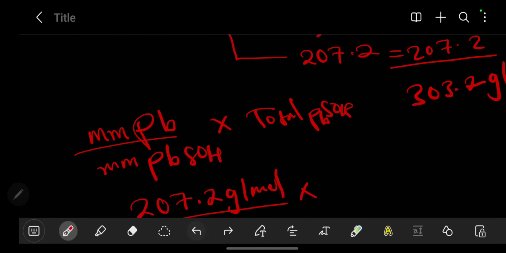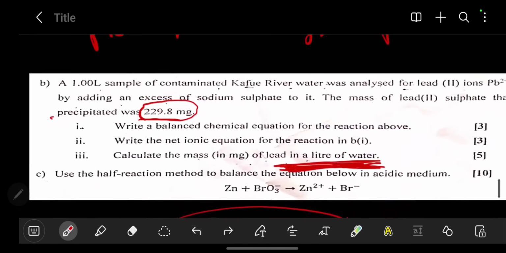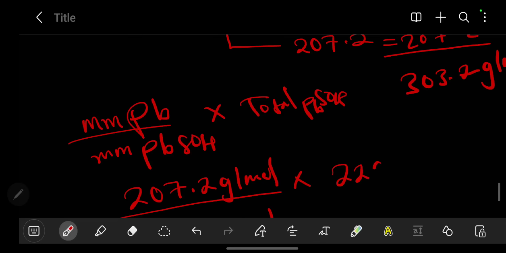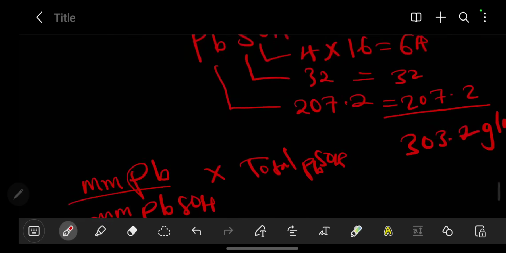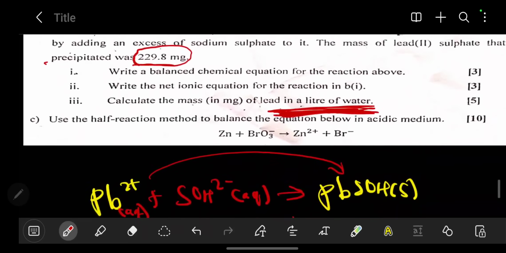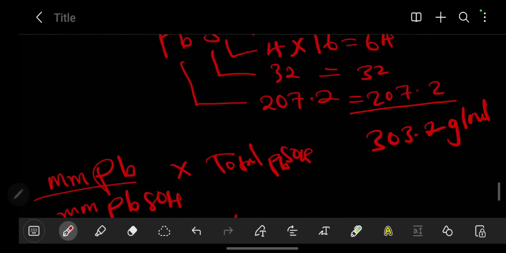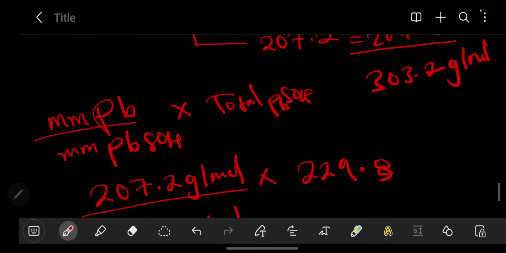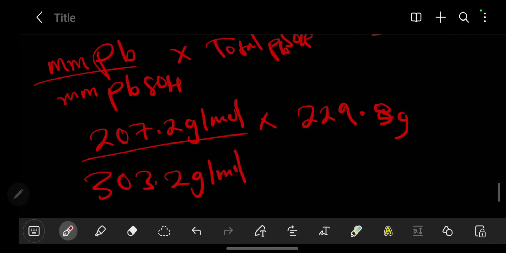What was the actual mass? It's more like we're finding a percentage. So the actual mass was 229.8 grams. So we have 207.2 divided by 303.2.